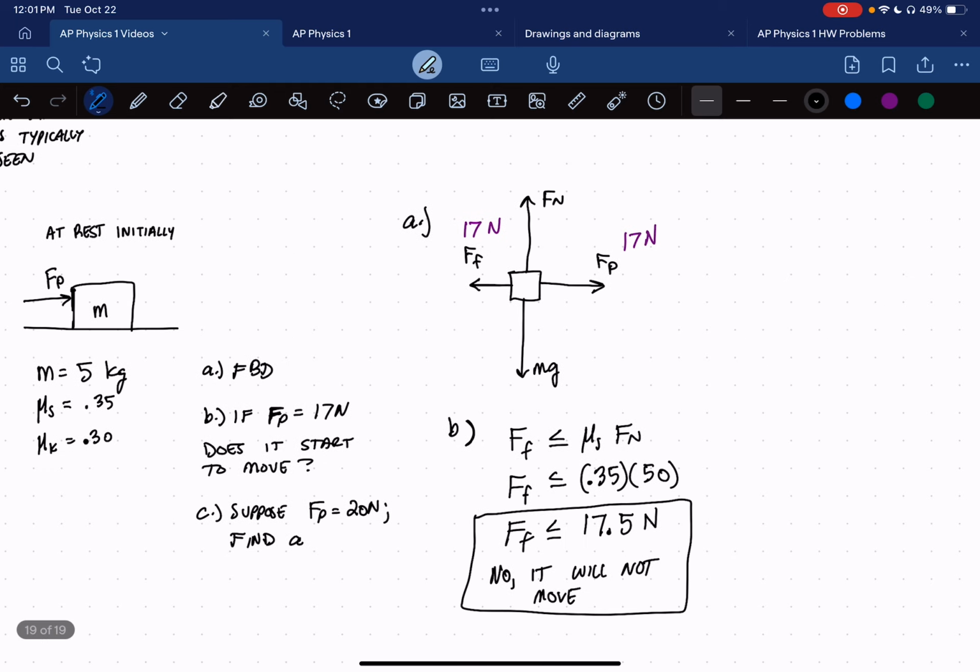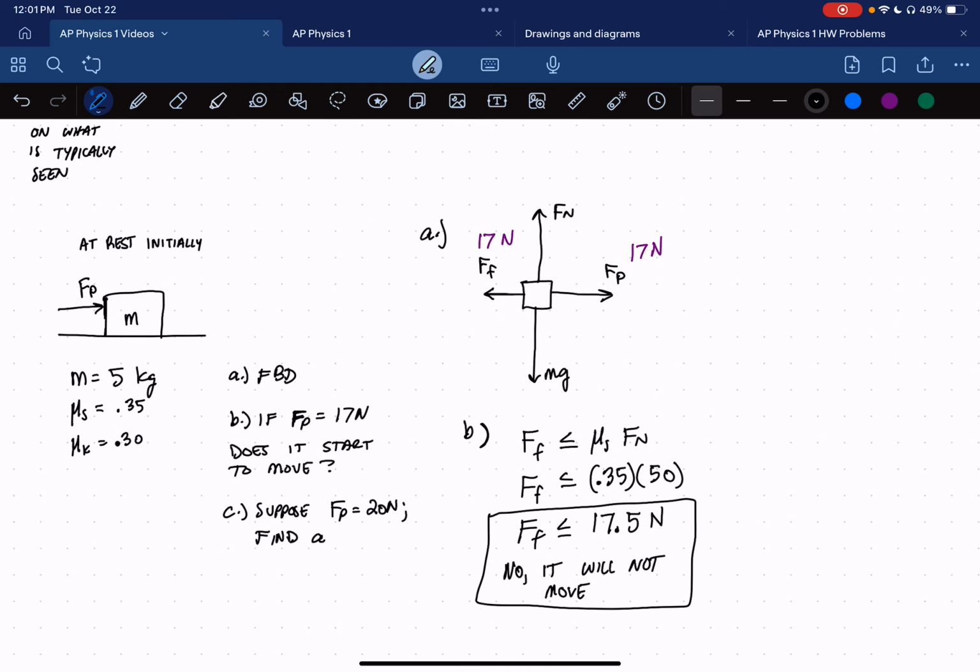Let's talk a little bit about this equation. What is this equation telling us? It's telling us, again, that the static friction can go up to about 17.5 newtons. It doesn't tell us what the static friction is. We have to think about that.